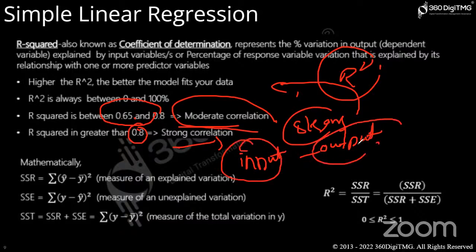Whenever you have an R square value greater than 0.8, you will be getting R square in 0.8 only, and then you multiply with 100 so that you can get it in percentage. If it is greater than 80%, you can say it is a strong correlation.